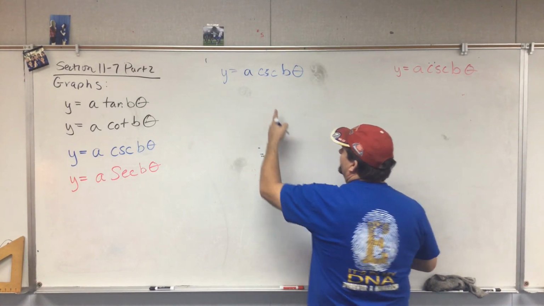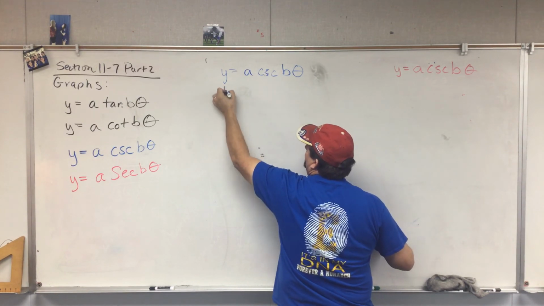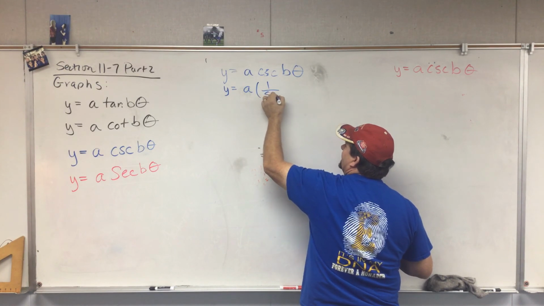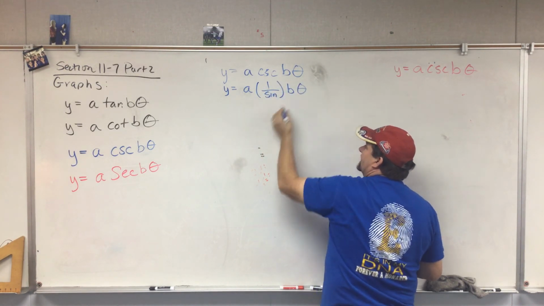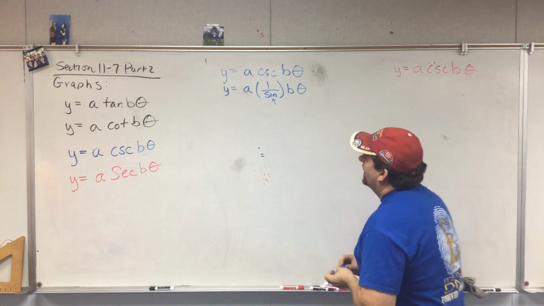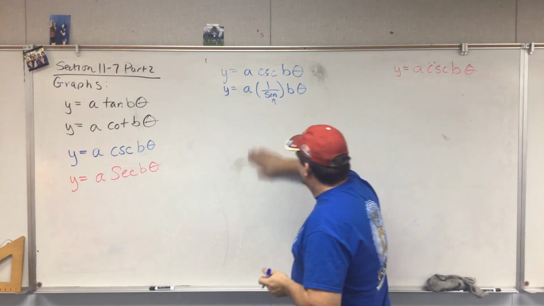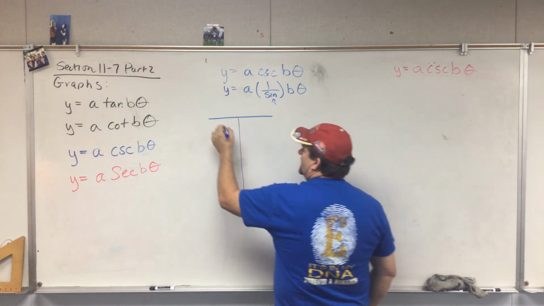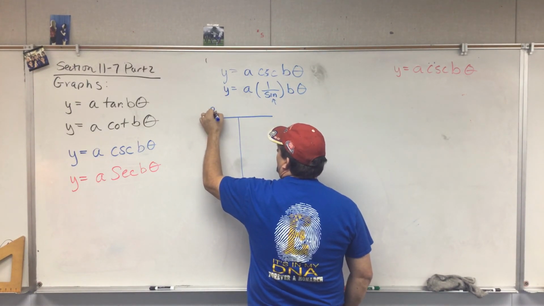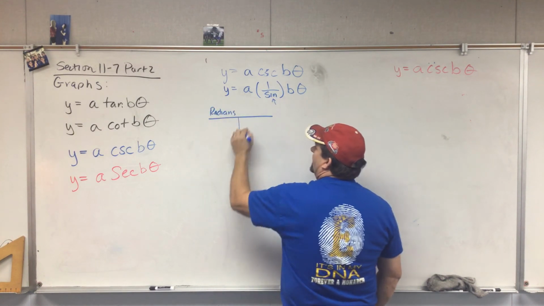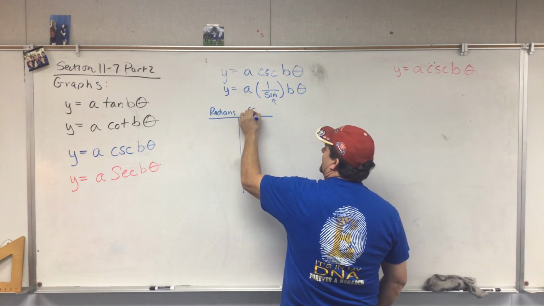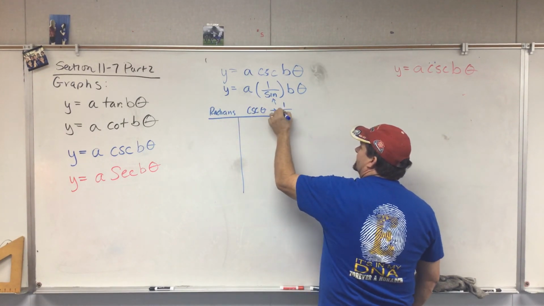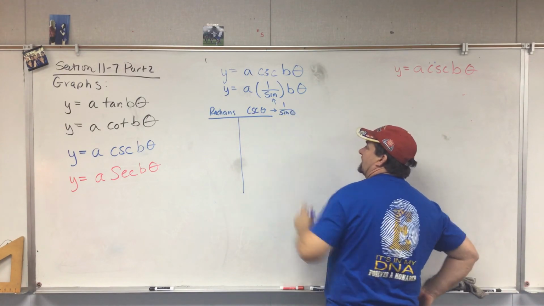We have to remember one thing, that this is really a times 1 over the sine of b of theta. So we're going to base this graph off the sine graph. So let's do our input-output table. I'll do radians here, and I'll do cosecant of theta, which is really 1 over the sine of theta.